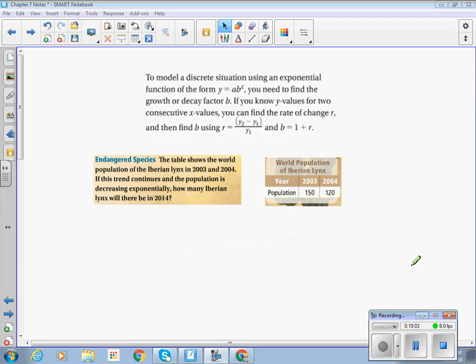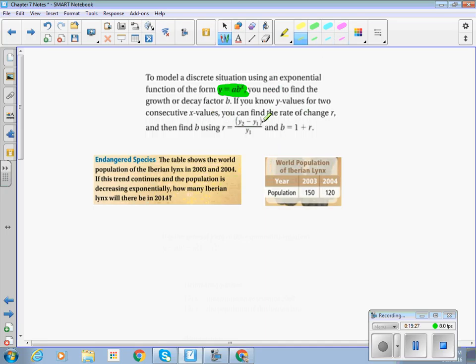So when we have that situation, we still have y equals a b to the x. But we are going to have to find the growth or decay factor. And if we know y values for 2 of the consecutive x values, we can find the rate of change.